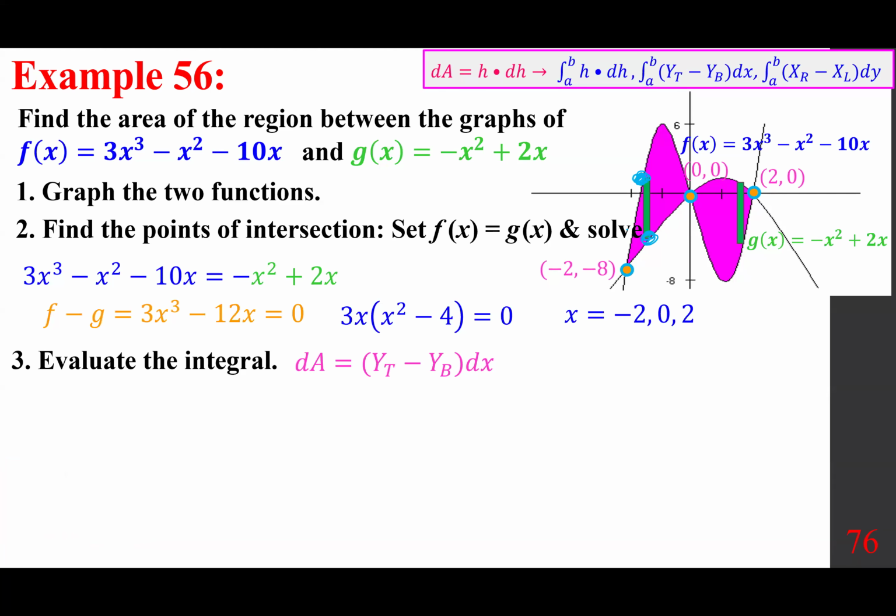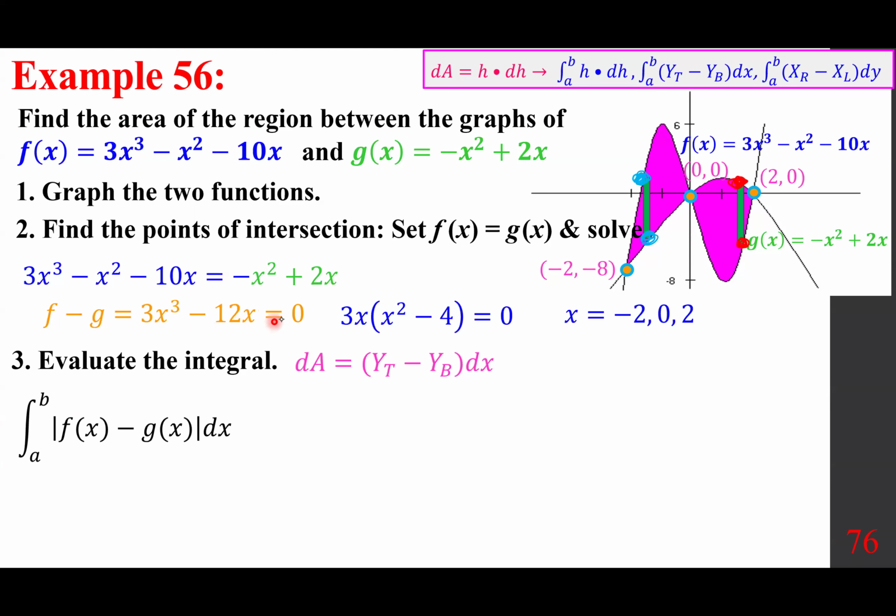The bottom here comes from the parabola. Whereas, let's see what color now, be red. Over here, the top comes from the parabola. The bottom comes from the cube function. So f minus g, and I wrote it here because we're going to use that.